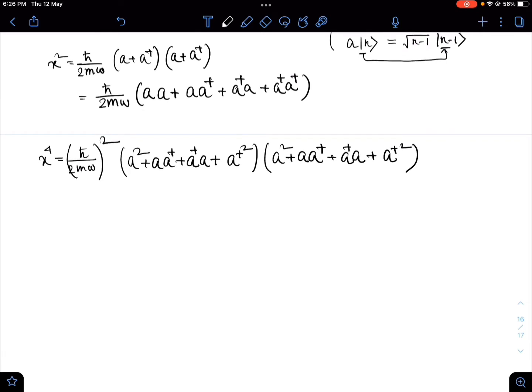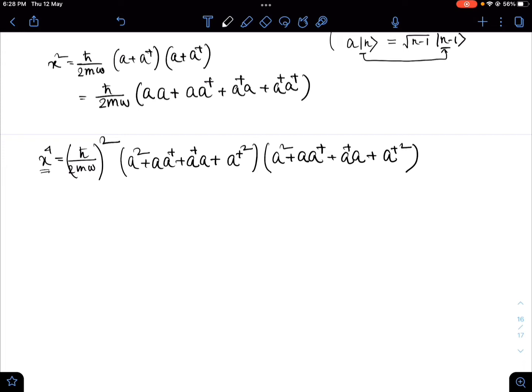So now we have to apply this to our ground state and first excited state. If you start doing this calculation by brute force, it will be a very tough, very tedious job. So first you have to notice something.